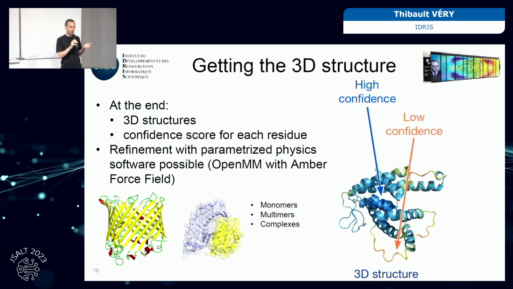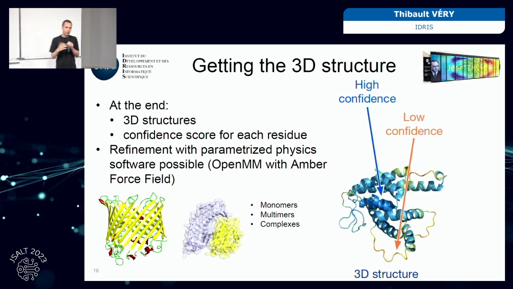They will use a force field, which is a way to represent the interaction between the atoms. With this force field, you will perform an optimization of the geometry to have fewer clashes, to have those non-physical interactions removed. But depending on your problem, it can be enough to have the raw structure.